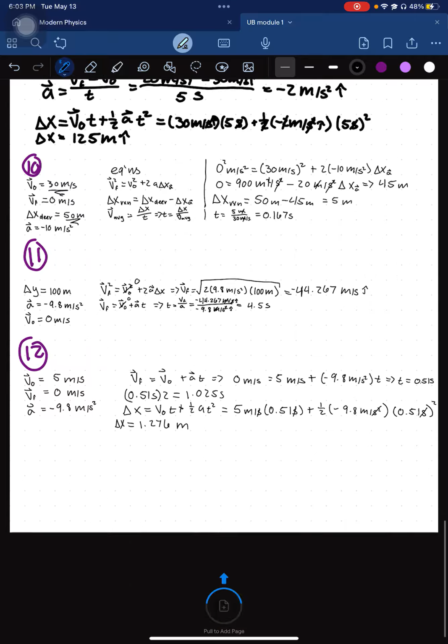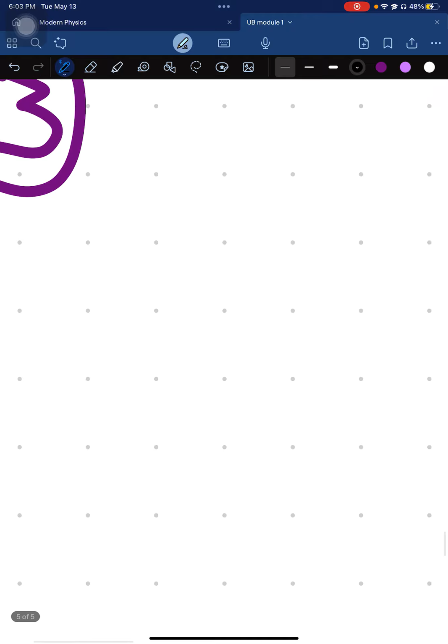Okay, so now we're on to our graphing problems. So problem 13, we have, what is the slope of the function from t equals 0 to t equals 10 seconds? It's going to be easiest for you to be looking at this alongside the video because I don't have the images, and I do apologize for that.